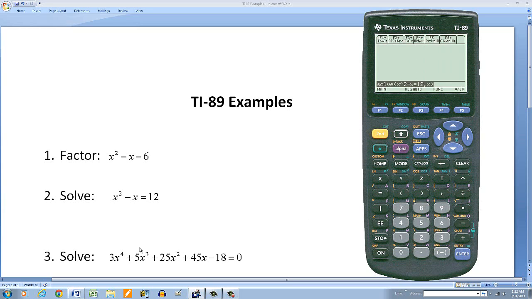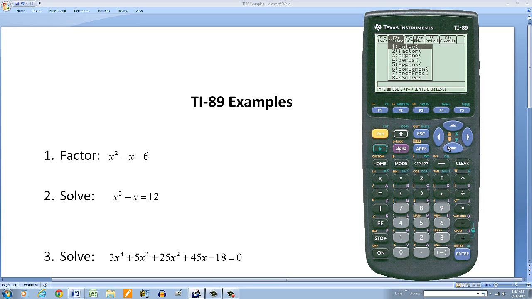Okay, let's look at the next one. Number 3. Again, it's solve, but look at this: it's a fourth degree equation. Now, if I use the same solve function I used in the previous example, it'll only give me the real solutions. So if you anticipate imaginary solutions, then you want to use the one that gives you complex solutions.